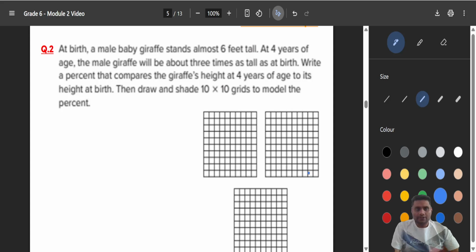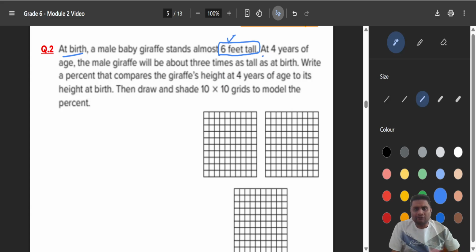Here let's read. At birth, a male baby giraffe stands almost 6 feet tall. So when a baby giraffe is born, his height is approximately 6 feet.